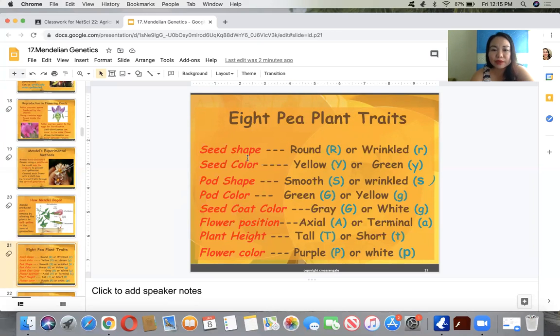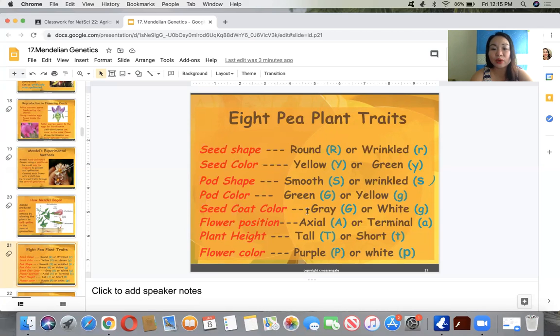In terms of seed shape, there were round or wrinkled, round represented by capital R and wrinkled by small r. In terms of color, yellow is capital Y and green is small y. For pod shape, smooth is capital S and small s for wrinkled. For pod color, green is capital G and yellow is small g.